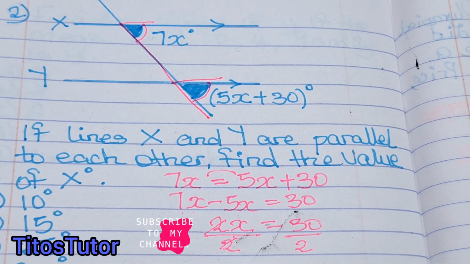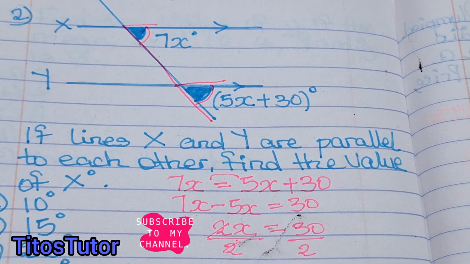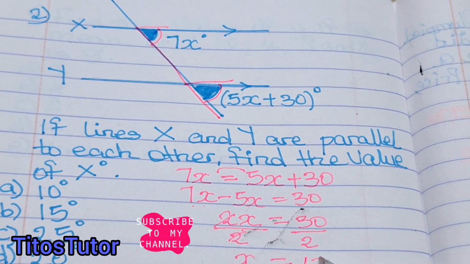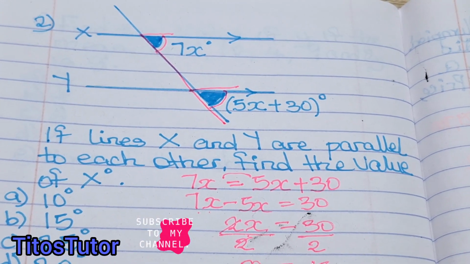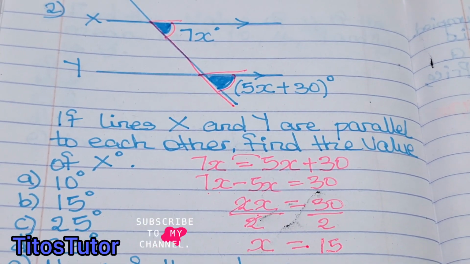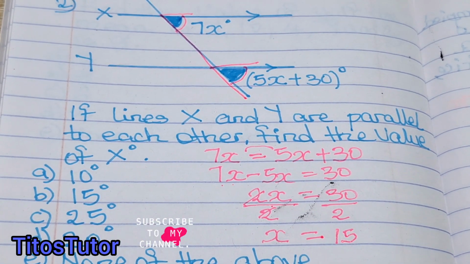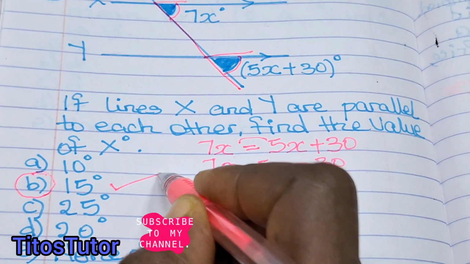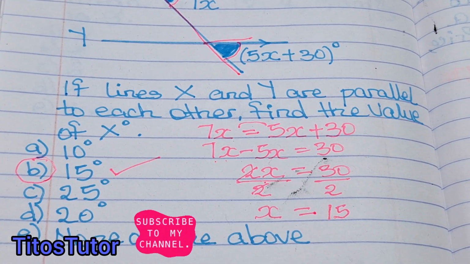This 2 cancels this 2. x is left on its own, and x is equal to 30 divided by 2, which is 15. So I go to the options and look for 15. Here is 15 degrees, and B is my correct answer.